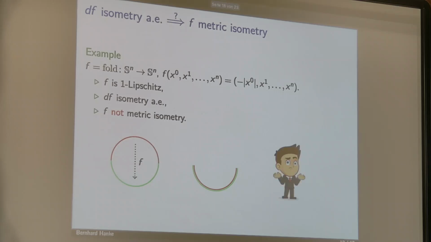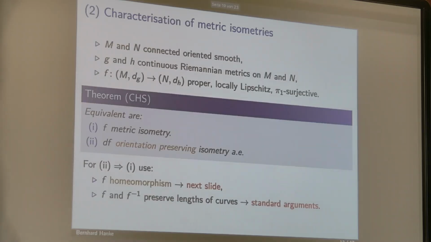And actually this was the point where we got stuck for quite a while, until we saw that in a different area something has been proven, and it seems to be kind of a well-known fact, that we can readily use to solve this problem. And this led us to write down the following theorem.